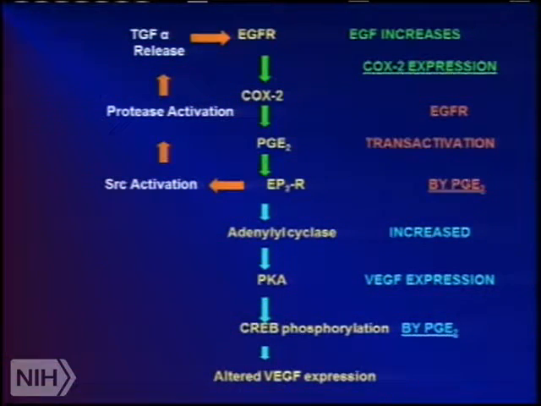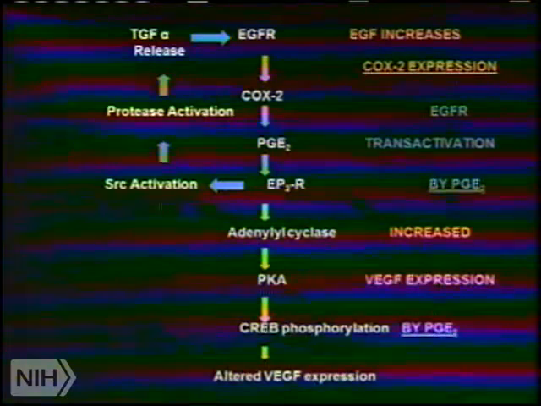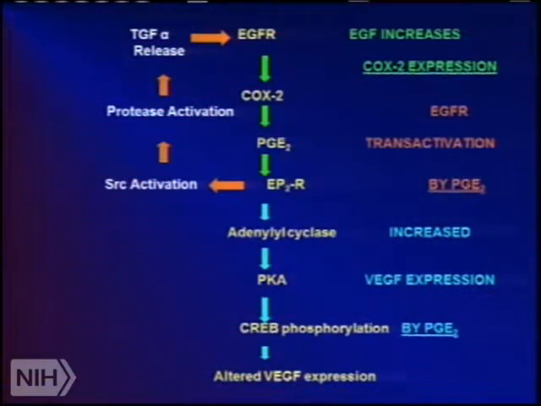This is going to go into the nucleus and then activate certain genes, such as the VEGF gene. So growth through the EGF receptor, through COX-2, ultimately leads to angiogenesis. So this is how big tumors then grow bigger, given more VEGF, so they stimulate more angiogenesis.